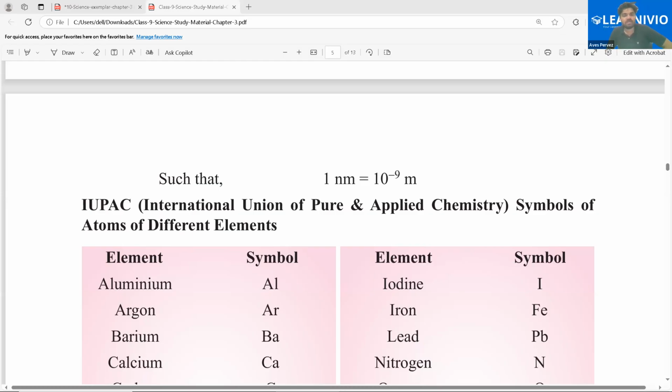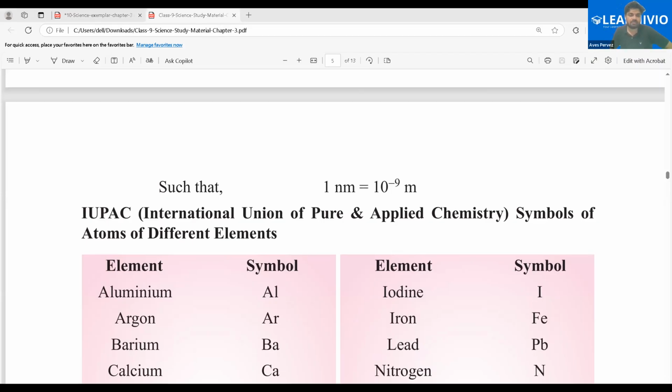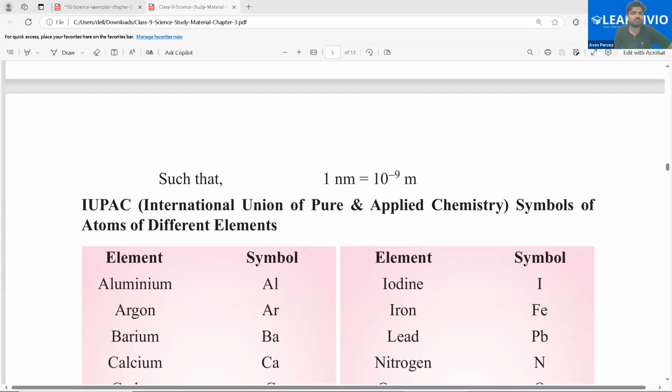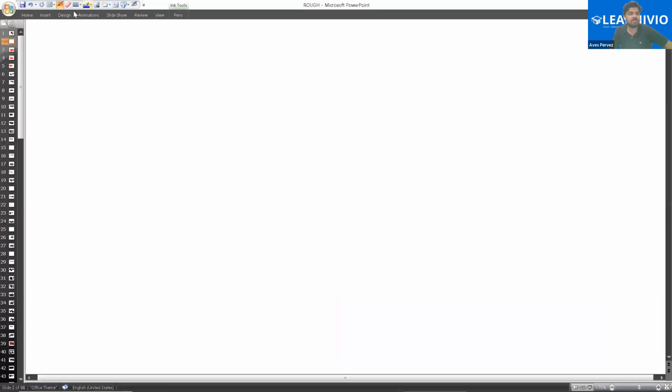Suppose you can prepare carbon dioxide gas by simple heating of calcium carbonate. When you heat calcium carbonate, it will give you calcium oxide plus carbon dioxide.